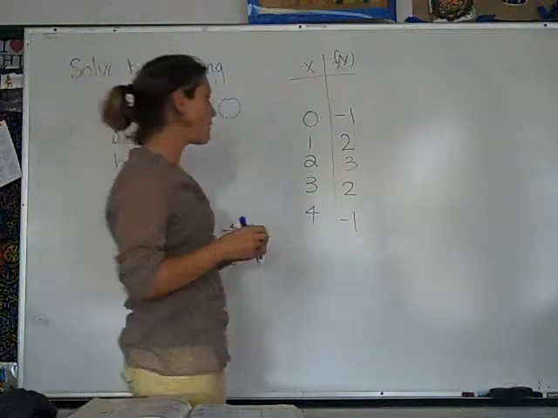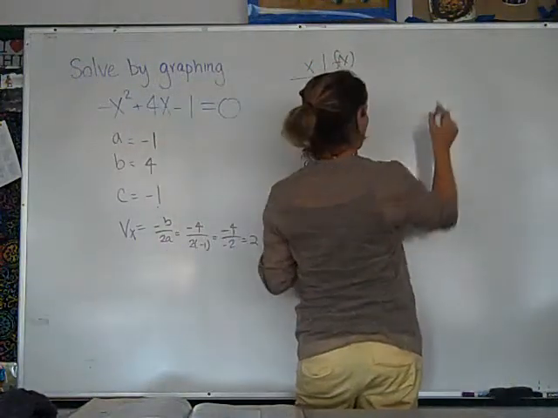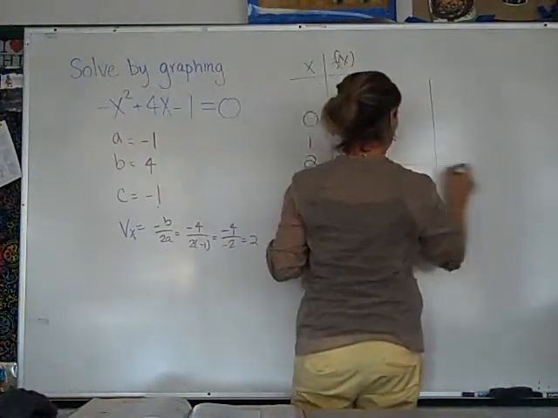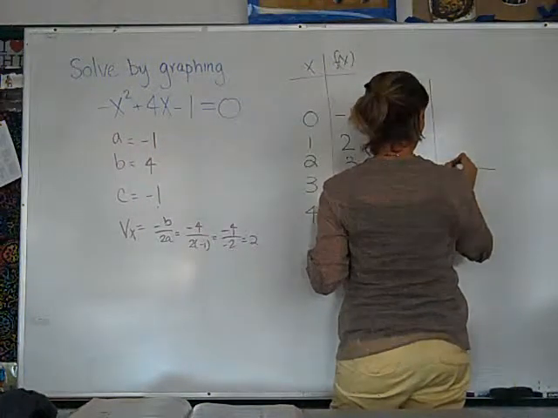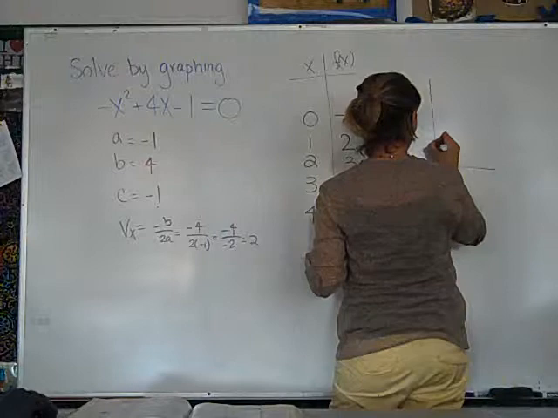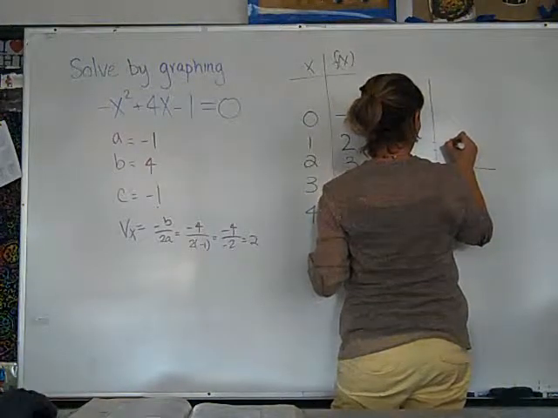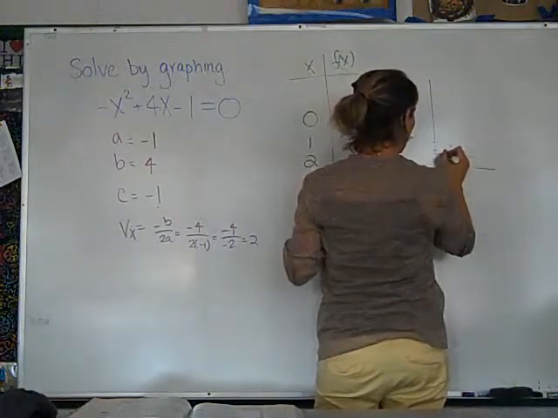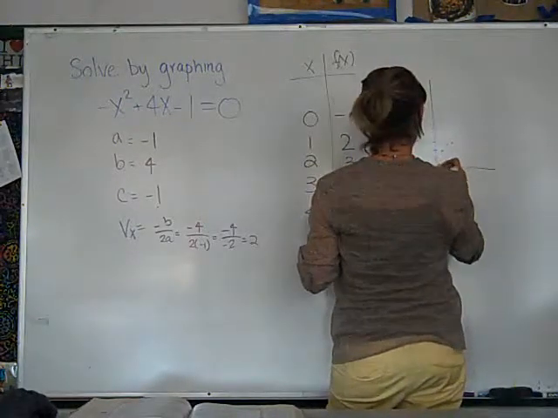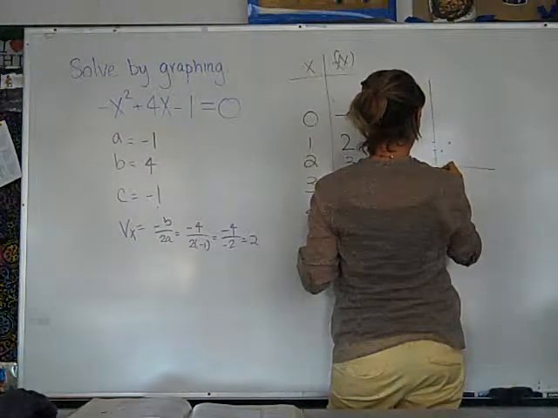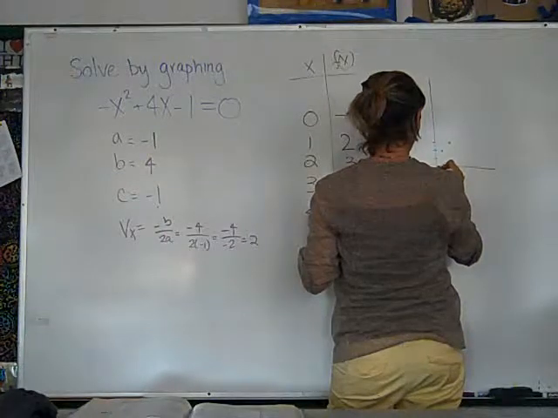Okay, so now let's try and graph it. So 2, 3. Okay. And 1, 2. And 0, -1. Okay.